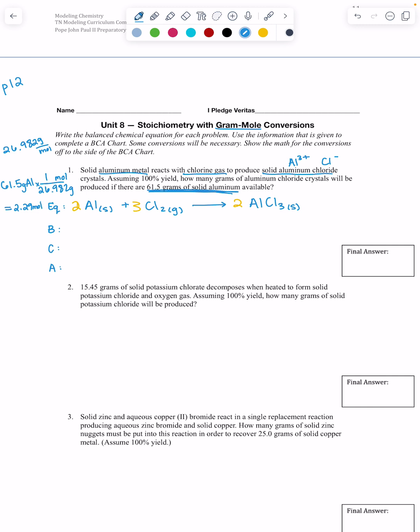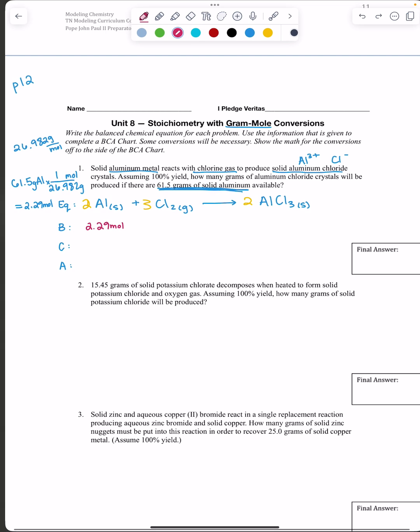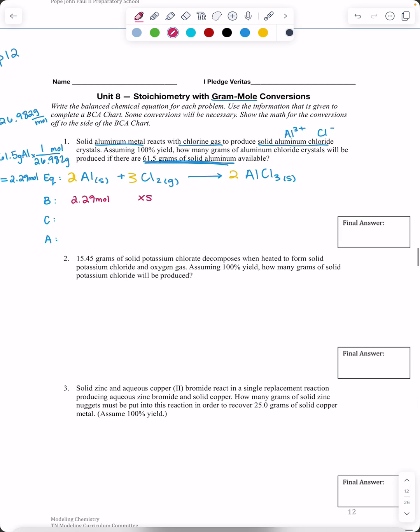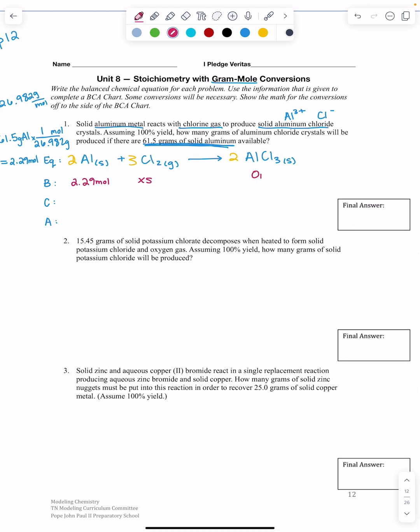And so now, before my reaction starts, I can fill in that information. So I have 2.29 moles of aluminum, and I have an excess amount of chlorine, so I can just put excess, or XS, to represent excess chlorine. And then my aluminum chloride is 0 at the beginning because none of it has reacted yet.